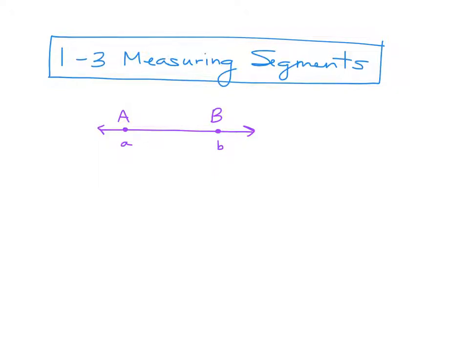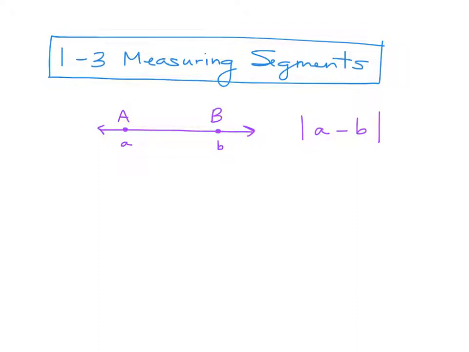The ruler postulate says if I want to know the length of AB, how long it is from point A to point B, I take their values, A and B, I subtract them, and I take their absolute value.